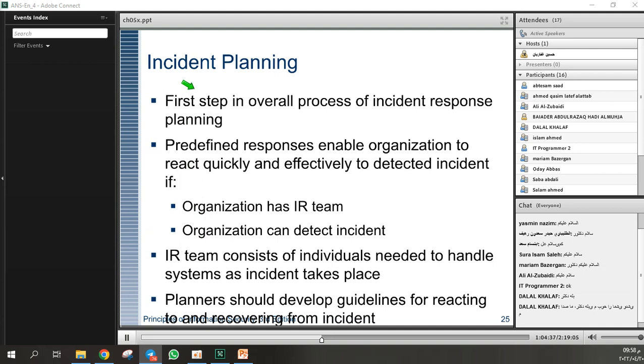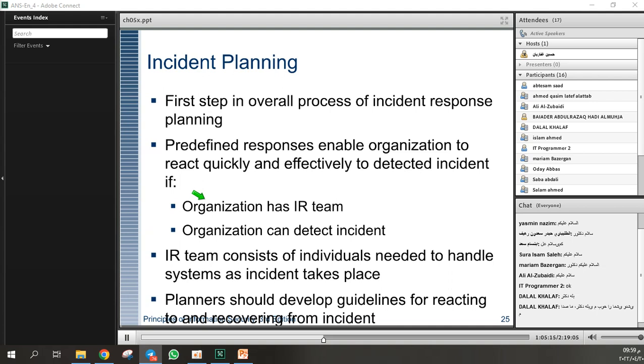If I decide on incident planning, the first step is that I should predefine the response. First, I should predefine the responses against that threat, that incident. Why? Because the organization must be enabled to react quickly and effectively against that incident.